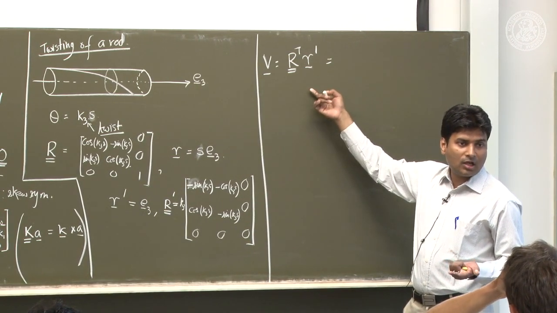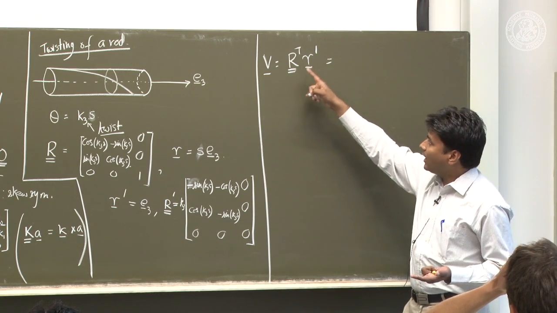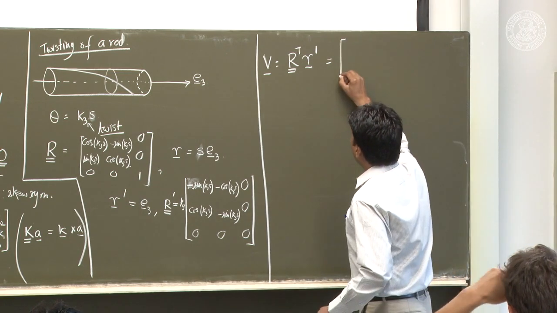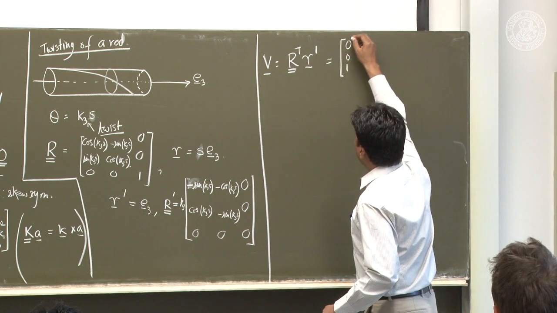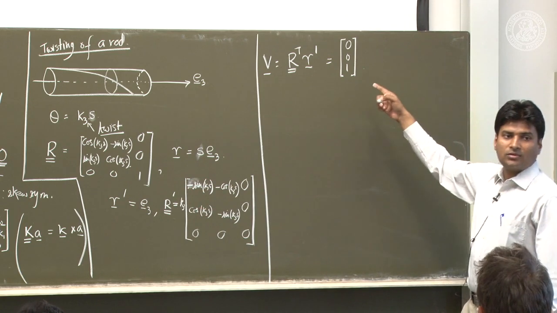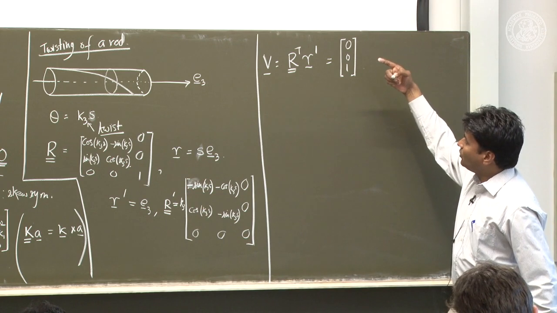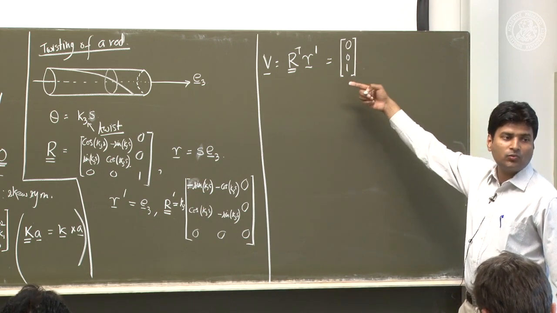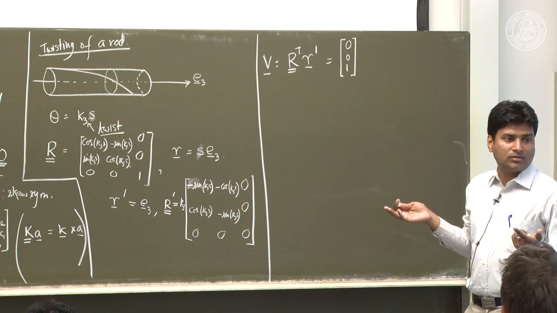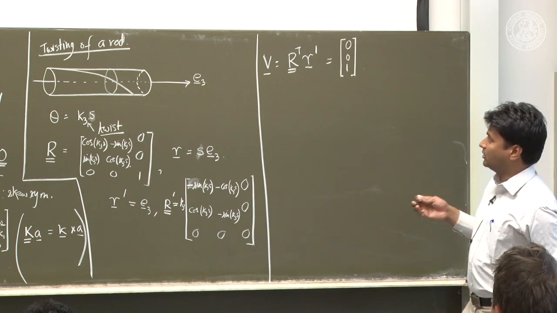You get back little r prime. It won't do anything to little r prime because it is pointing along the axis of big R, isn't it? So, you will simply get 0, 0, 1 because this is E3, right? And then you can extract V1 equal to 0, V2 equals 0, V3 equals 1. So, no shear, no axial strain as we thought earlier, because we did not impose any shear or axial strain.